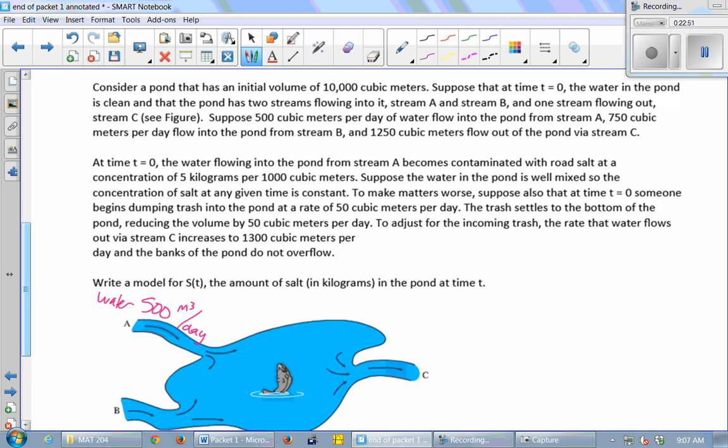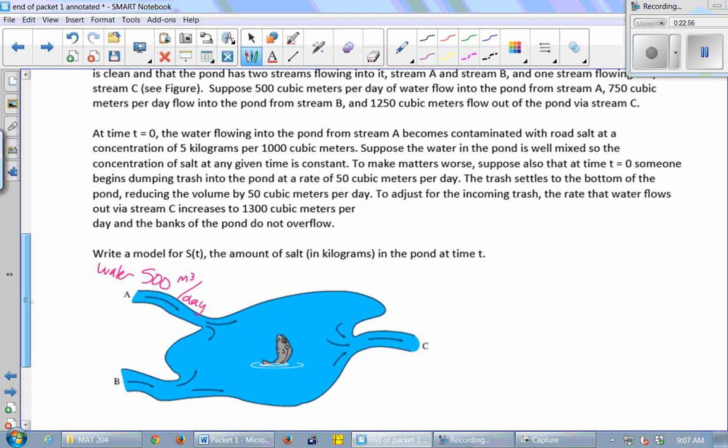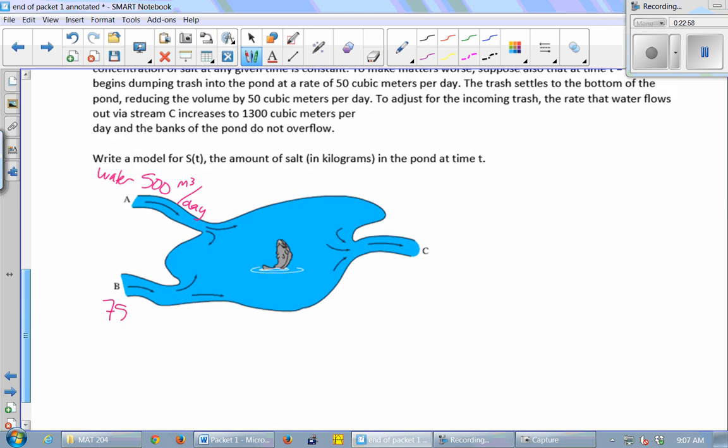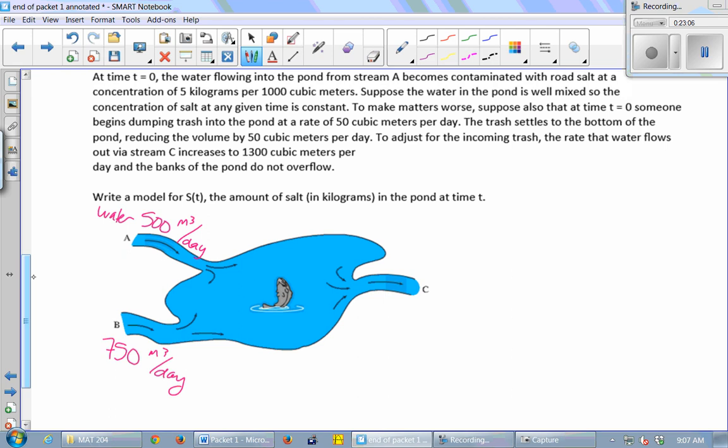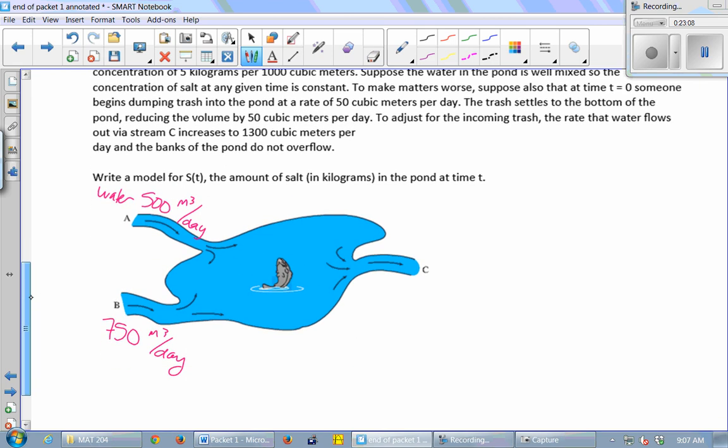And then 750 flow in through stream B. And 1250 flow out through stream C. Right, so the same amount is going in as is going out.